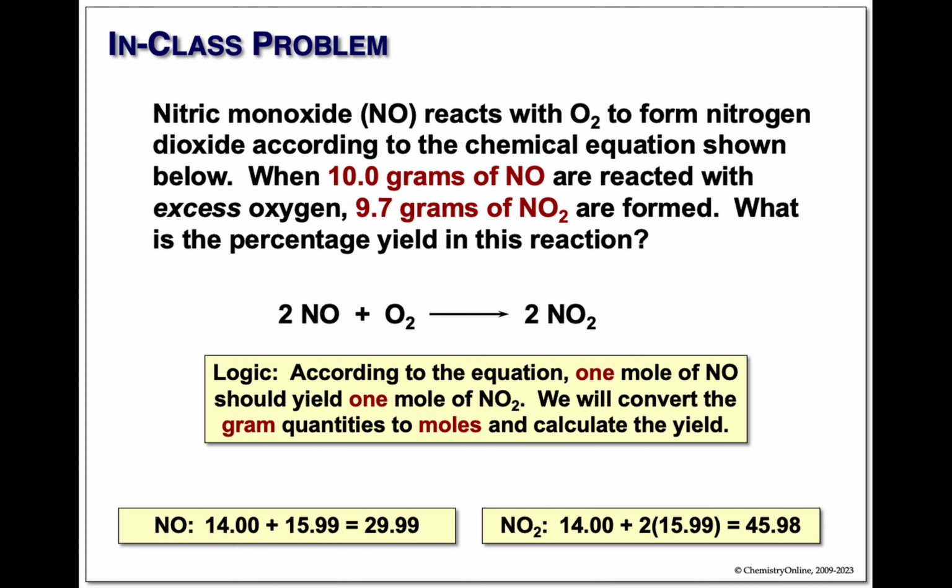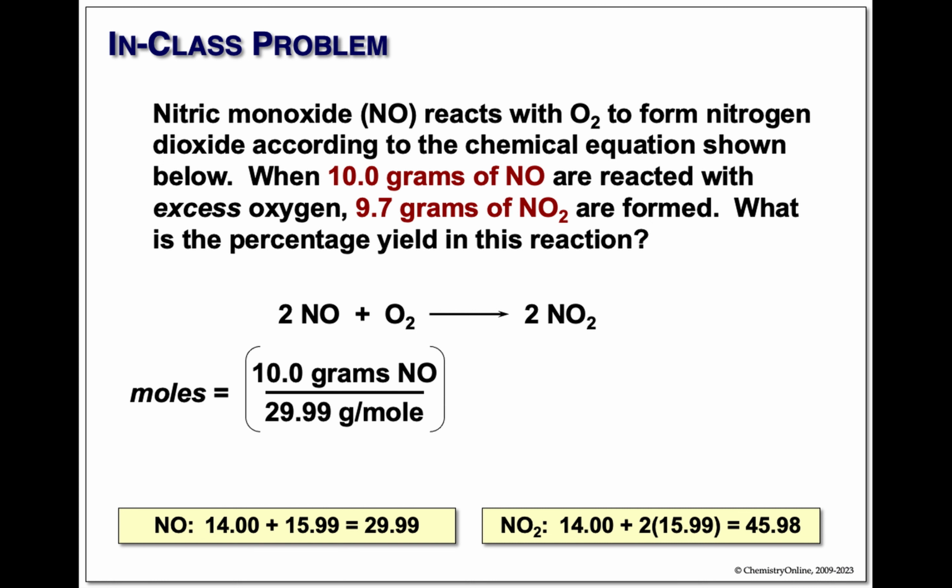So take our 10 grams of NO, divide by 30. That gives us 0.33 moles of NO. If the reaction went 100%, we would get 0.33 moles of this stuff, right?